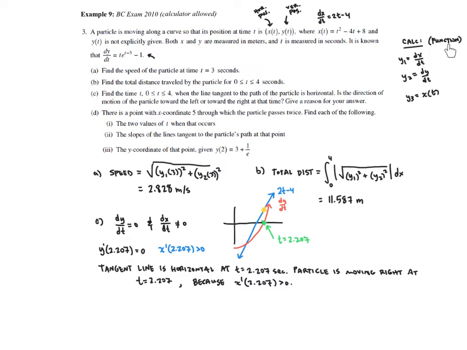Now I want to explain something at this point. I chose to use function mode here because when I'm in function mode, I can see each of these graphs independently. If I'm in parametric mode, all I see is the path of the particle, so I can't see the change in x and the change in y as easily. Something's bothering me here.